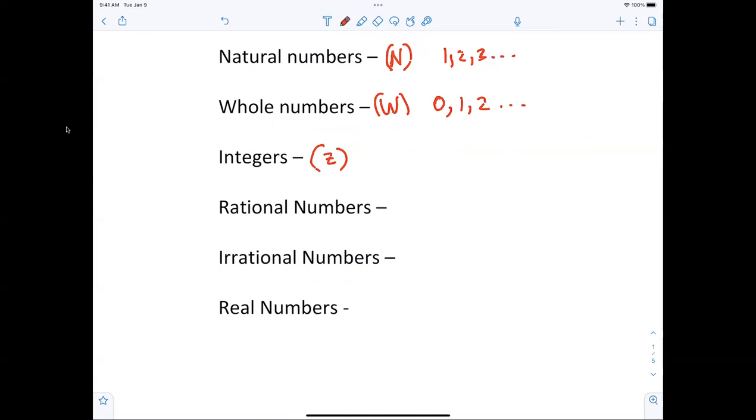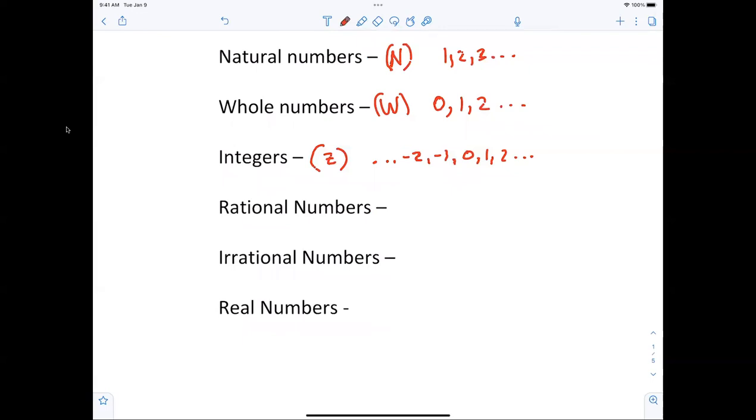Now, listen, you define integers as whole numbers and their opposites. So everybody's going to write down ..., -2, -1, 0, 1, 2, ... So the definition of integers is whole numbers and their opposites.